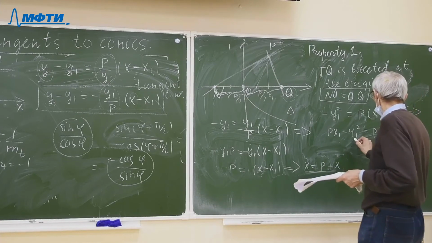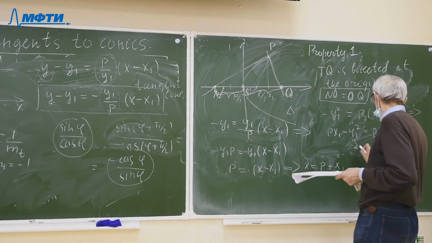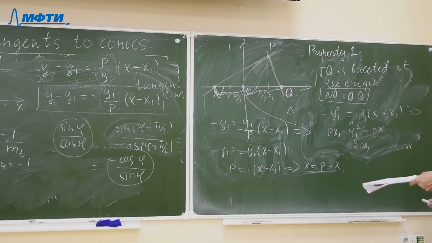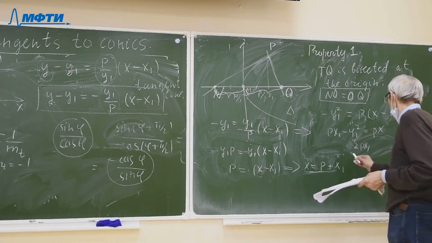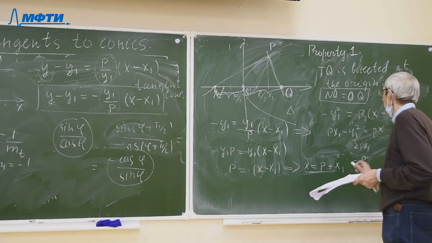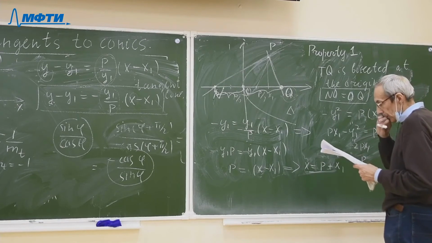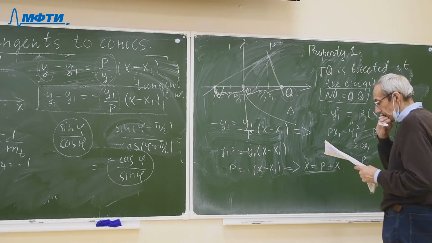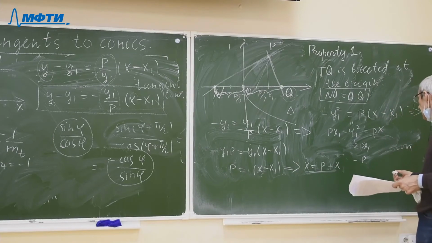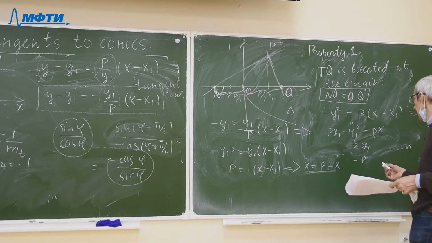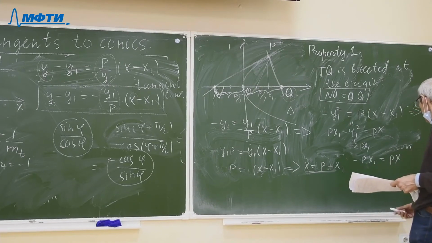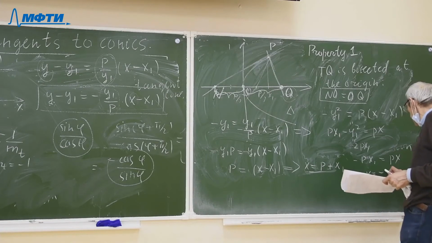And y1 square is equal to 2px1, and we obtain minus px1 is equal to x. X is equal to minus x1.